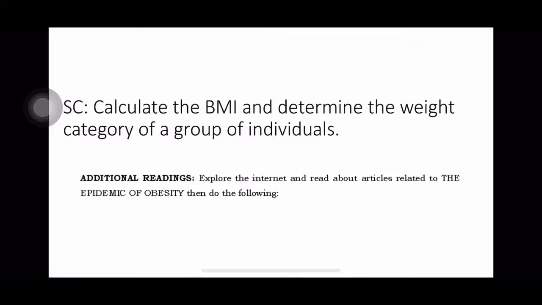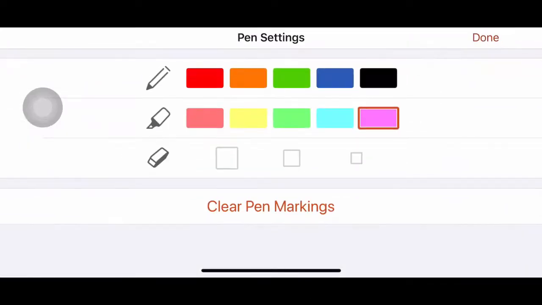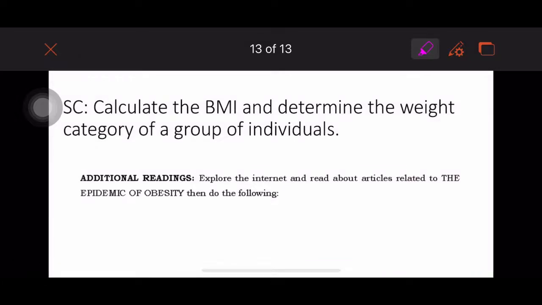Okay, that's it. So what did we learn today? We learned how to calculate the BMI and determine the weight category of a group of individuals, and we will also learn how to tell people in a polite manner how to manage their diet.